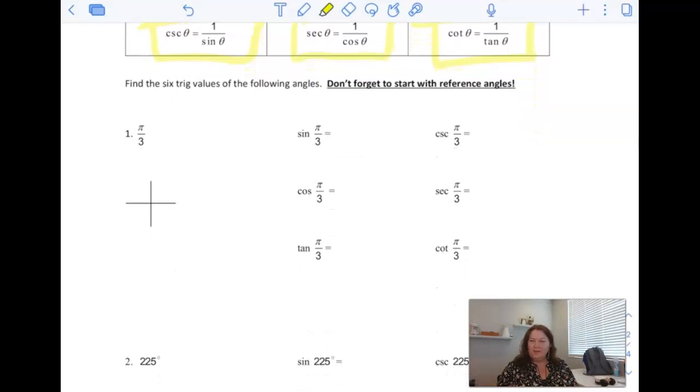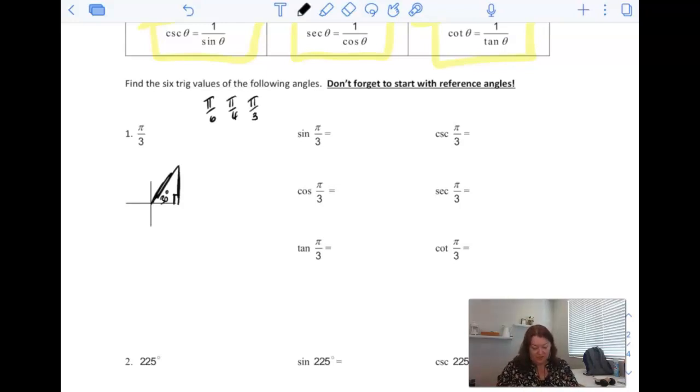So if we have pi over 3, the first thing I want to do is I just want to draw in the reference triangle. So in a pi over 3, I know that that is going to be right about here for 30 degrees, right? And then I'm going to use my knowledge of the table that I'm thinking of, right? That it went pi over 6, pi over 4, pi over 3, right?